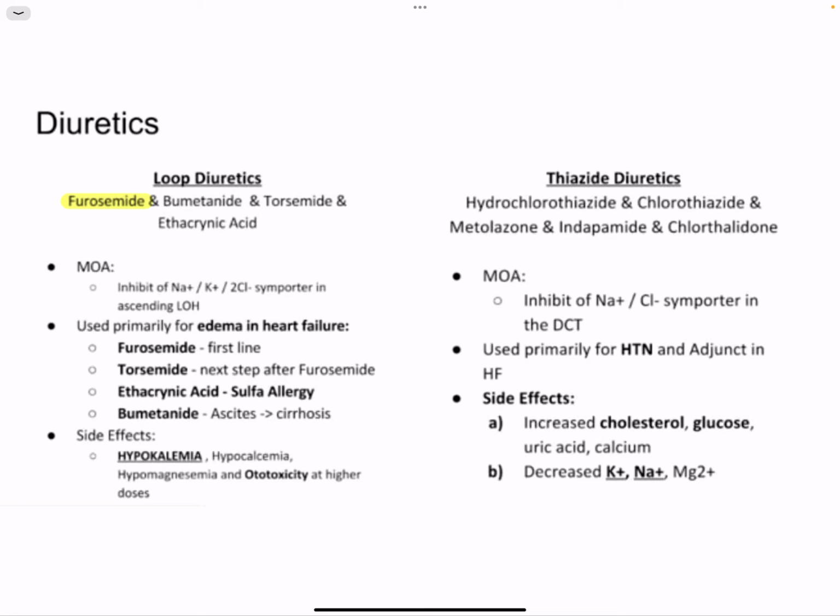So hypokalemia is important. It can also cause hypocalcemia, hypomagnesemia, and ototoxicity. Toxicity in the ears, even deafness. The patient may suffer from loss of hearing when we use it in larger doses.